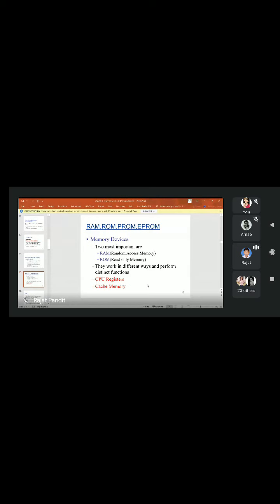They work in different ways to perform different functions. And there is a CPU register, which is one type of memory where you can store information. Cache memory is a very high speed memory, and it sits between the main memory and the CPU.